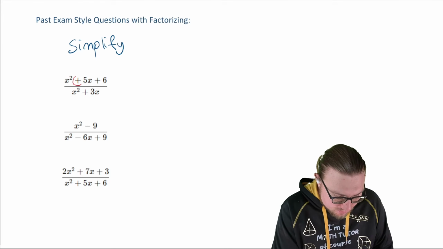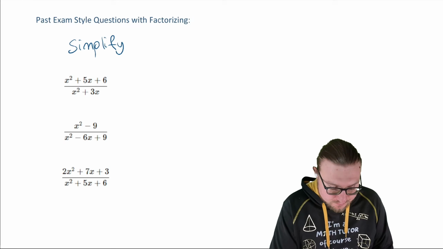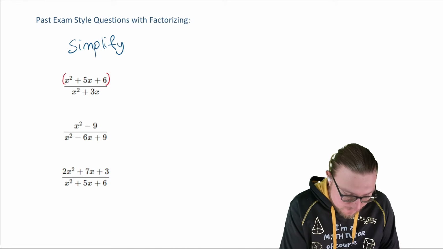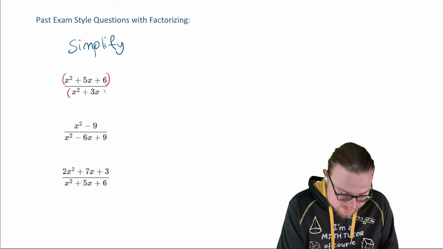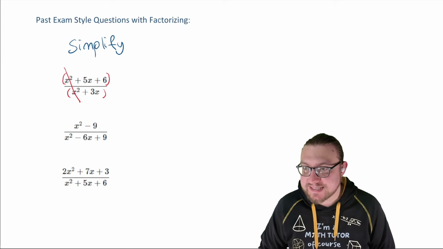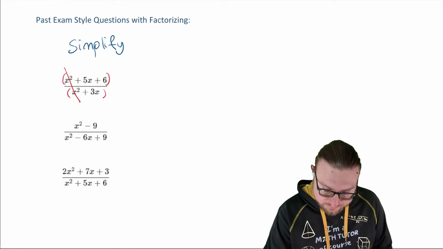That doesn't work because here we have pluses. We have separate terms. Whenever you have a fraction, it's basically saying the top part is in brackets and the bottom part is in brackets. We can't cancel out anything that's in between brackets.